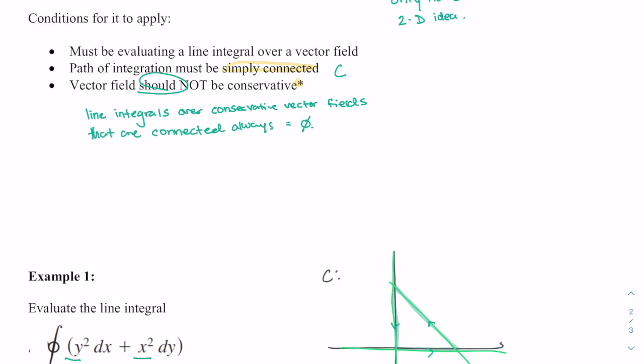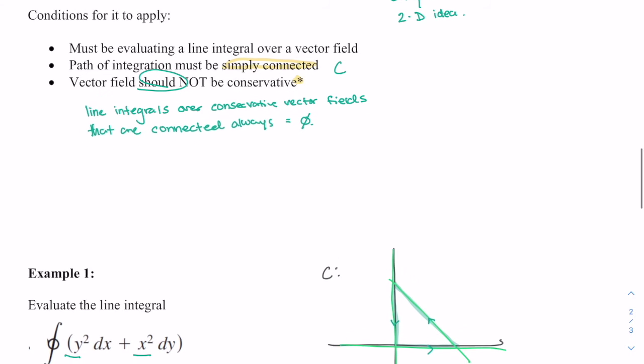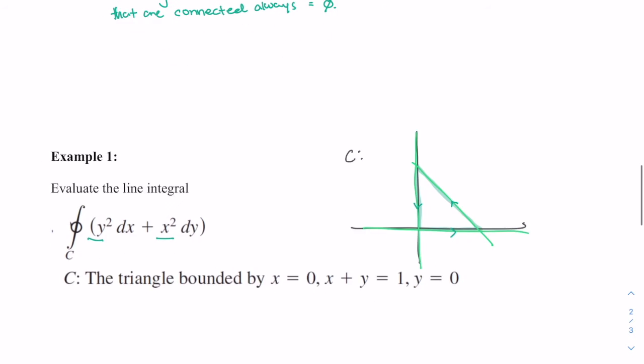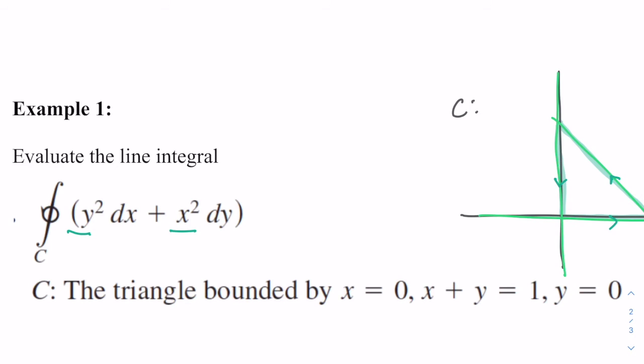The vector field should not be conservative. I guess that's a good check to do in the very beginning, because if it does turn out to be conservative, then we don't have to mess with anything. We can just write down 0 and move on. So let's check to see if it's conservative real quick. If you remember, the test for conservativeness is dM/dy needs to equal dN/dx.